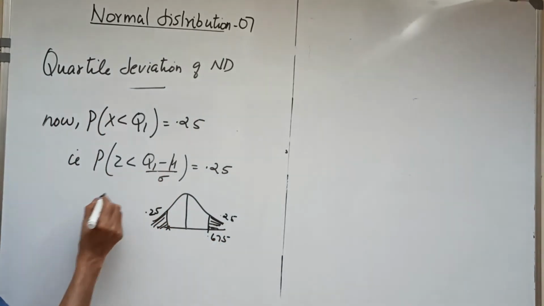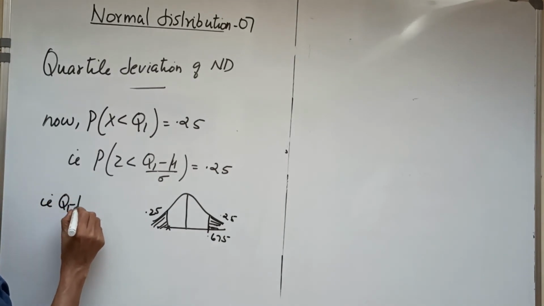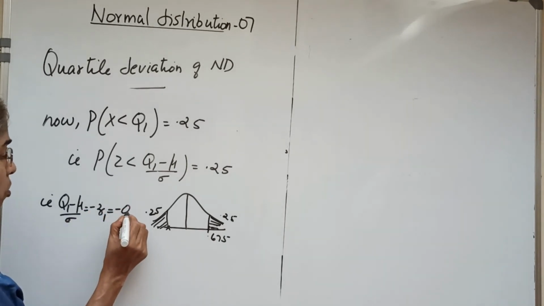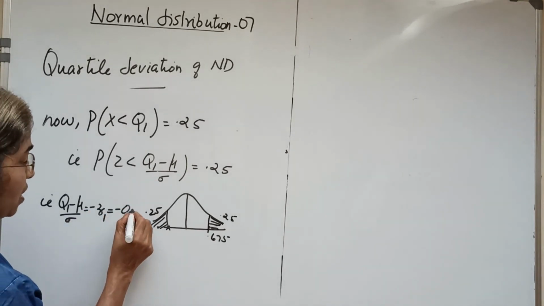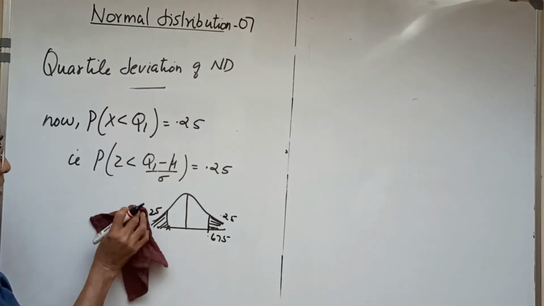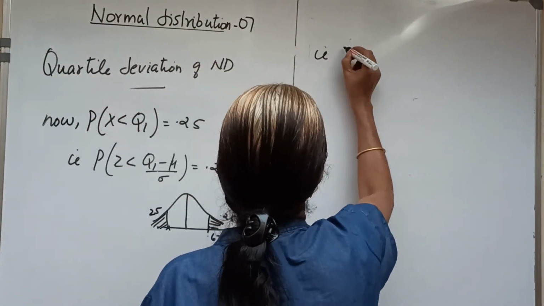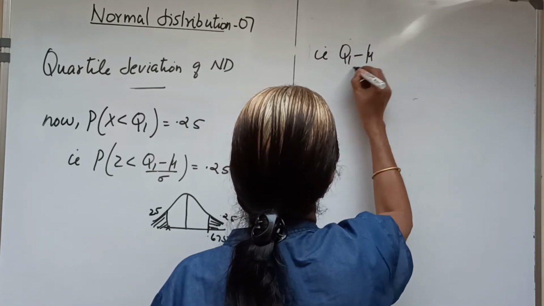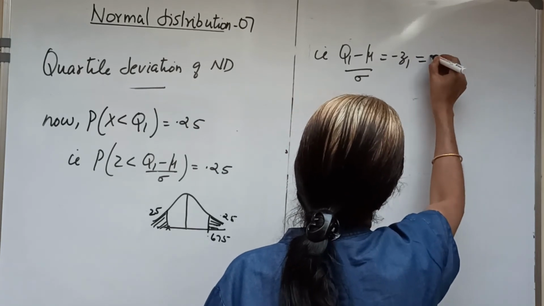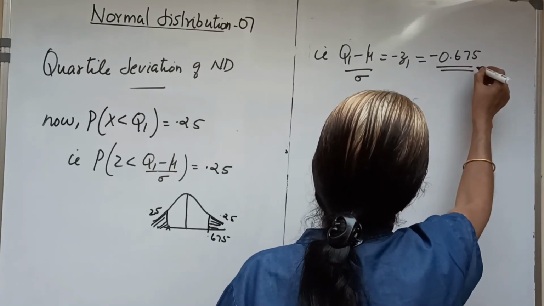That is, (Q1 minus mu) by sigma equal to minus z1, and hence it is obtained as minus 0.675.